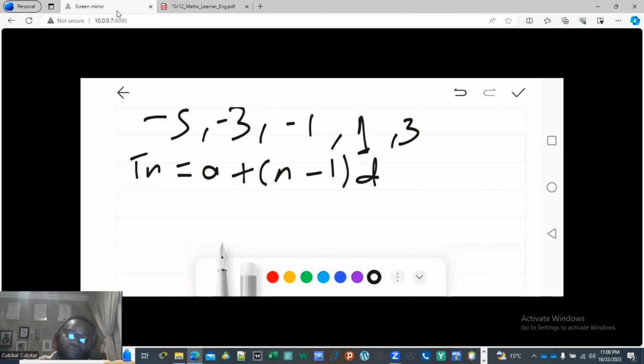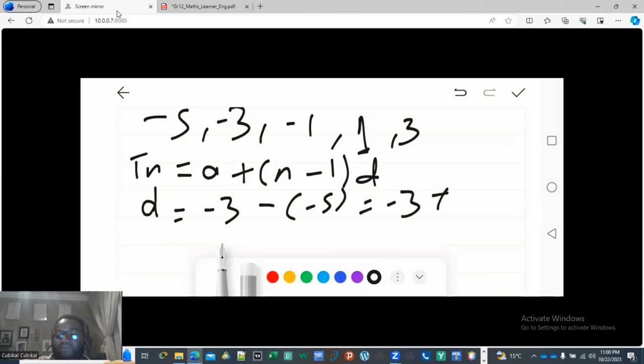So in this case, we'll find our common difference as minus 3 minus negative 5. And this is going to be minus 3 plus a 5, and we're going to get a 2.